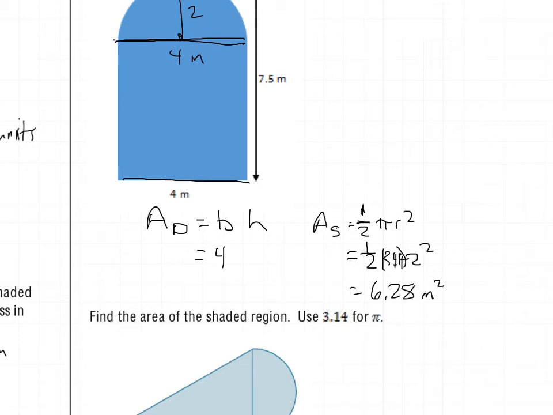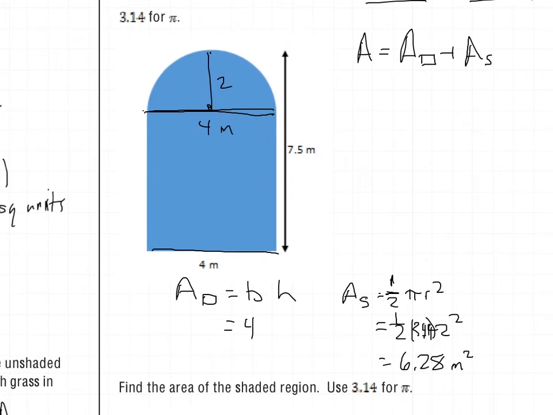Now, having gone through all of that, that actually gives me some ideas when I start to look at my height over here. When I look at my height, I now know that the semicircle is 2 units tall. And so if I take out that 2 units, that tells me the rest of the rectangle is 5.5 meters tall. So now my height is 5.5.